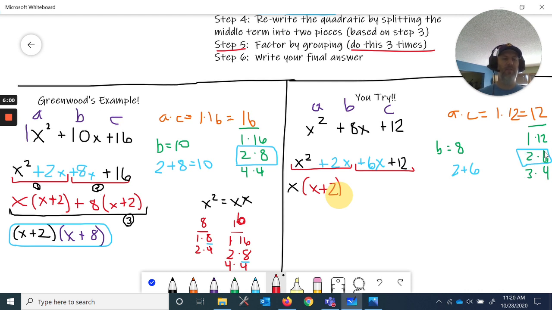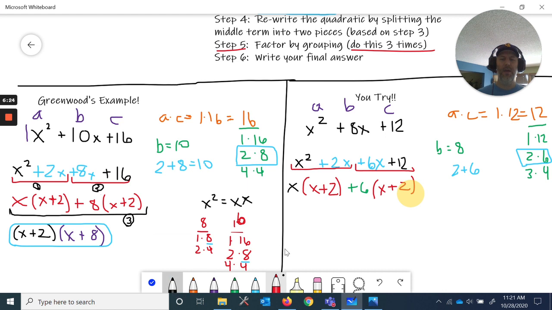And interestingly enough, with 6 and 6, we get the same kind of thing that just happened. When I factor my 6 out, I get x, and then 2 times 6 is 12, so x plus 2.